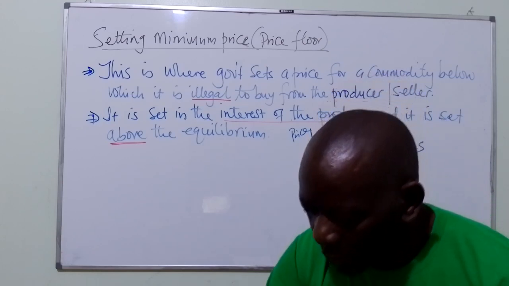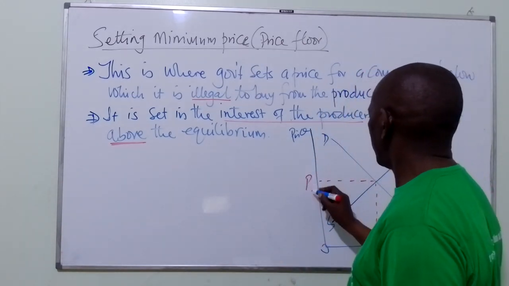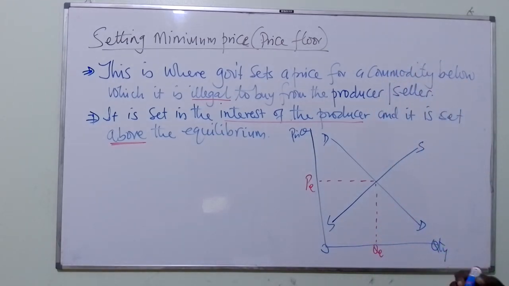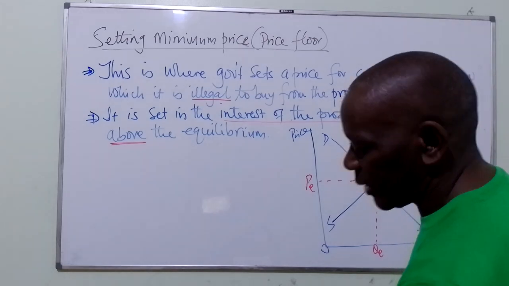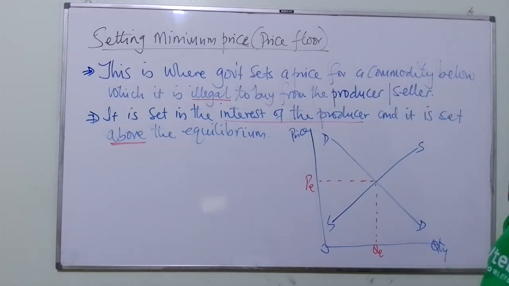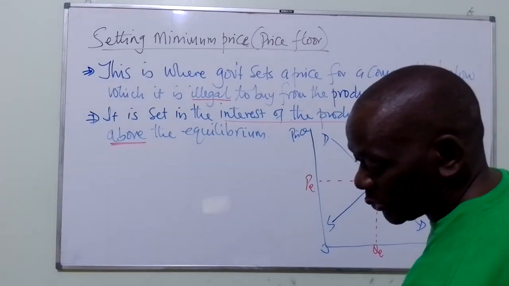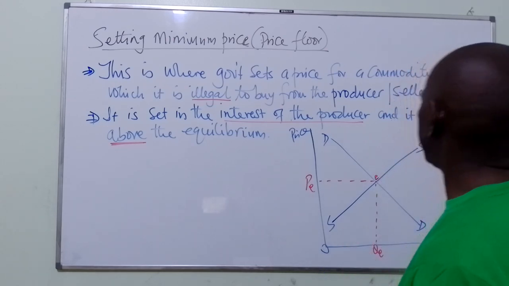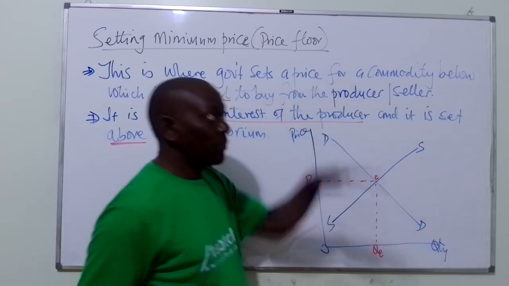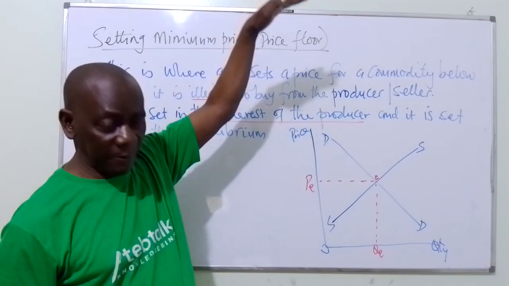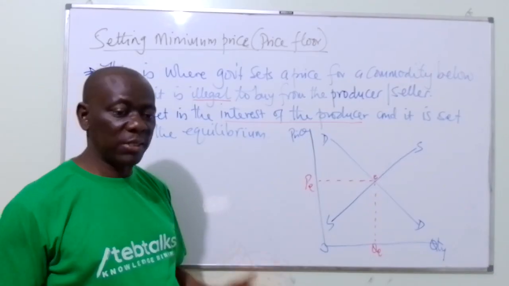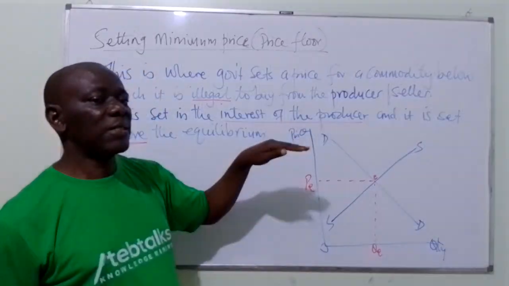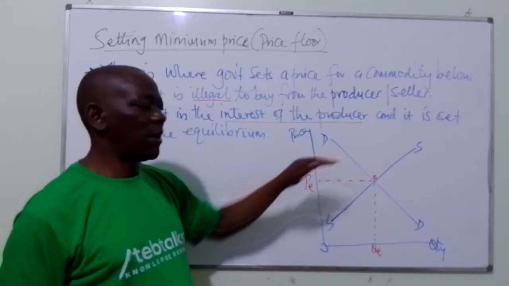I should use P equilibrium price, QE equilibrium output. So when government is setting a minimum price, it is set above the equilibrium, and it is very important to master that. Very, very important to master this aspect, that the maximum, which is the ceiling, is below the equilibrium. Actually, it works in the opposite. Ceiling is below the equilibrium, whereas floor, the lowest, is above the equilibrium.